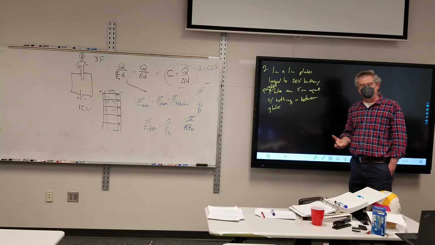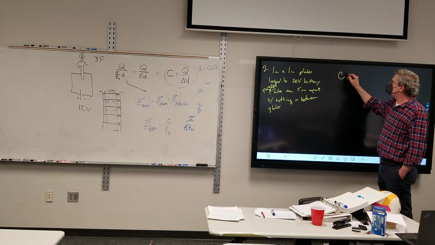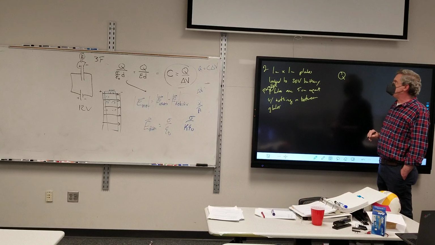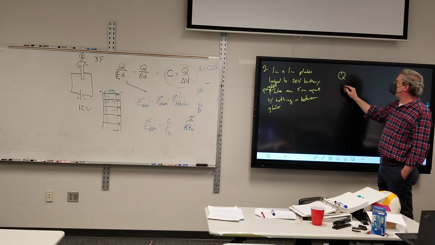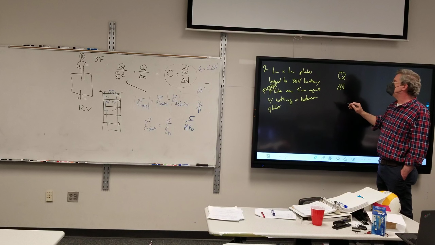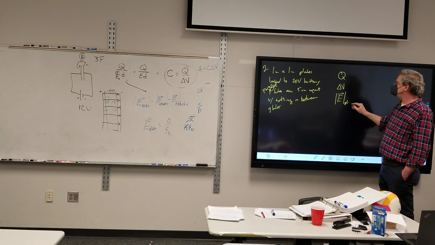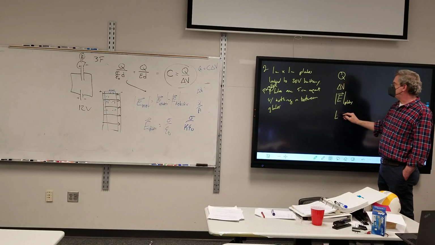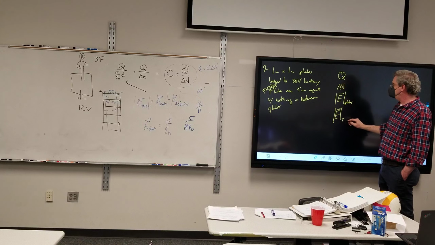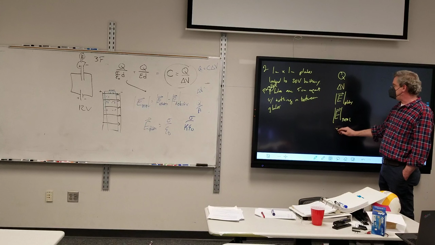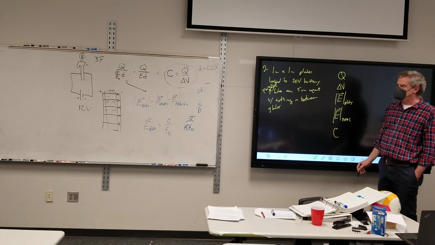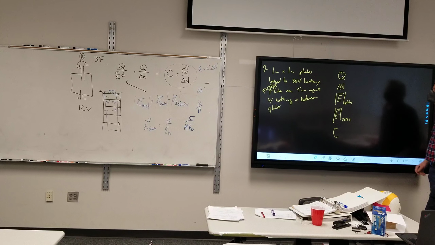There are certain things I would ask you to find. You should be able to find the charge on the plates, the voltage between the plates, the magnitude of the electric field from the plates, the total electric field, and the capacitance, not necessarily in that order.